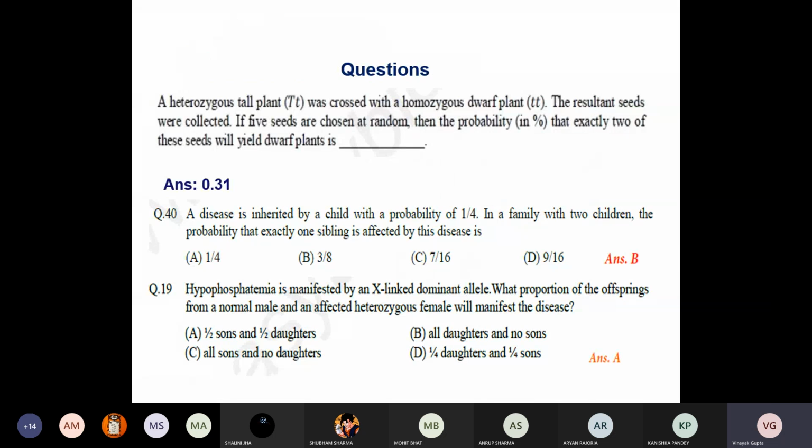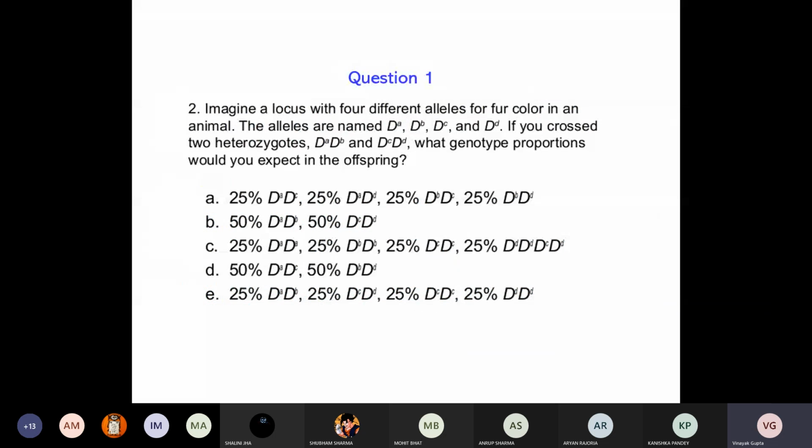Any doubt in these three questions? Okay, so now let's move to, okay, we have some more questions. I was thinking that we are going to start a new topic. Which option is correct here?